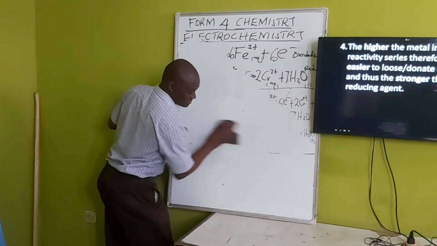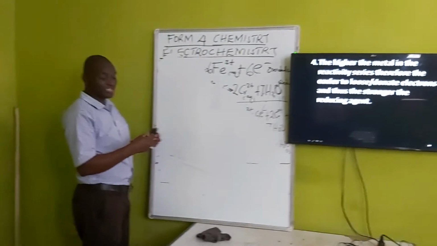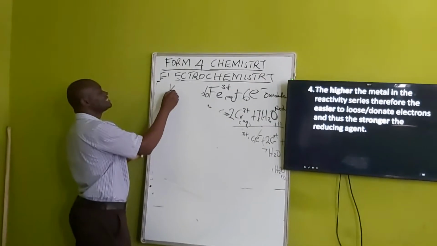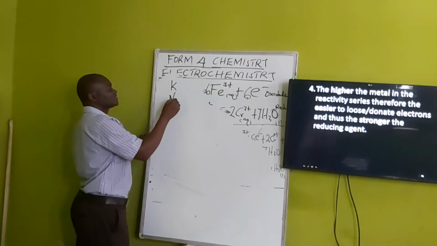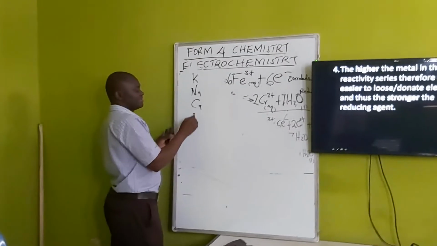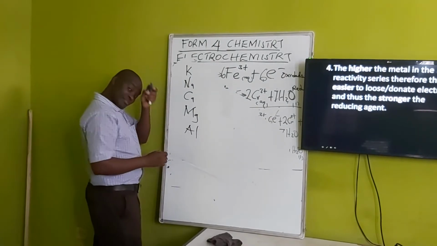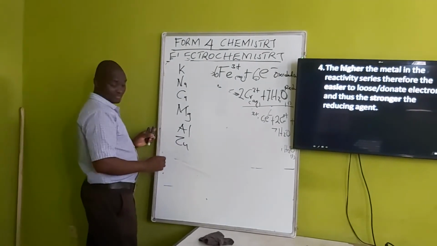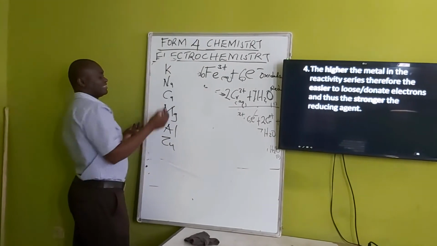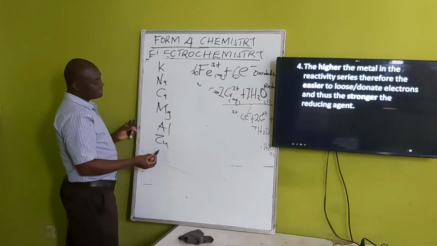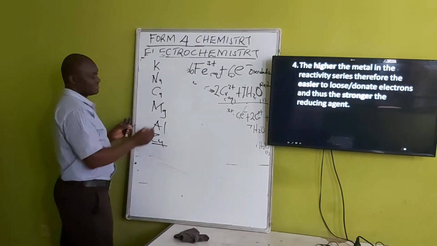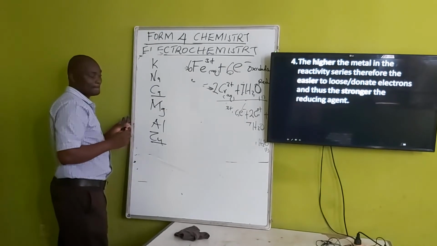Just to help you understand that point, if you look at the reactivity series where we have potassium, sodium, calcium, magnesium, and then we have things like aluminium, zinc. Now, take for example a displacement reaction between zinc and calcium.